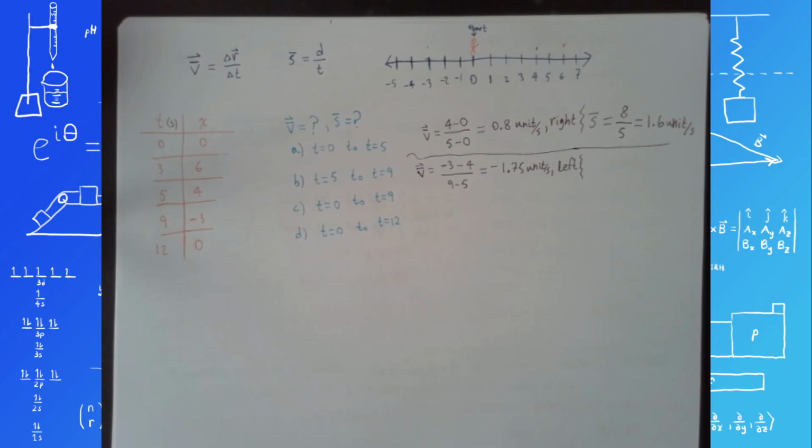But if the problem already tells you use positive for right and use negative for left, then just the plus or minus is sufficient. You don't need to also then write the direction in words. You can do either or, but you don't want to do both.